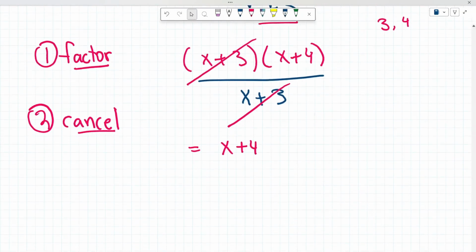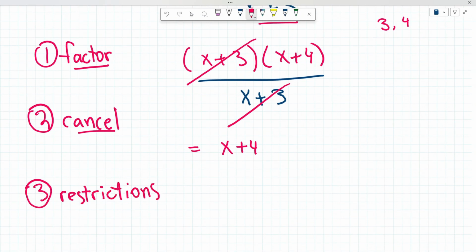Okay, now let's move on to step number 3, which is to state the restrictions. Remember what I said earlier: we still have to include the terms that we've canceled out as part of our restriction. So let's see what that would be. We've canceled out the term x plus 3.